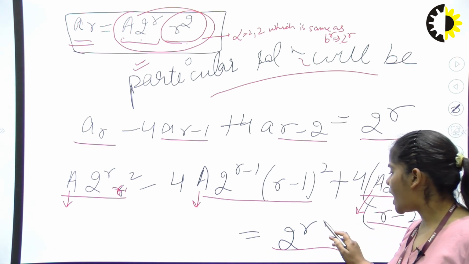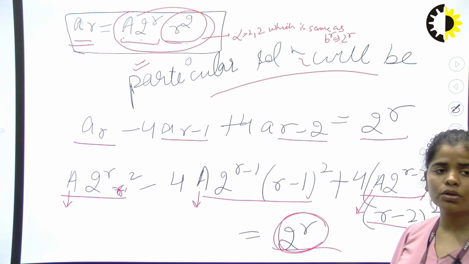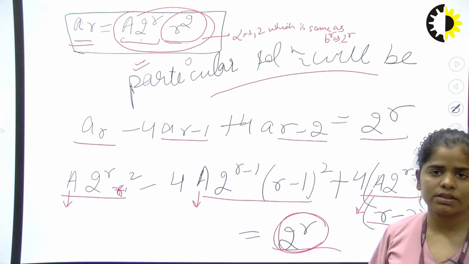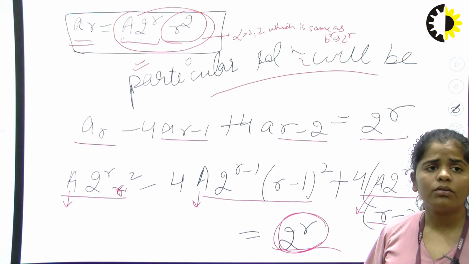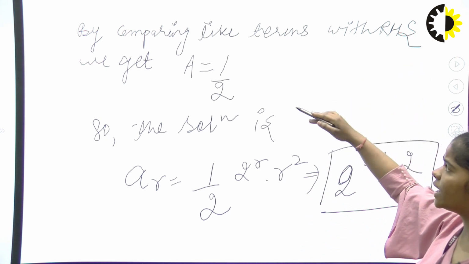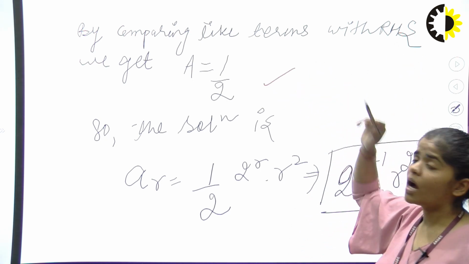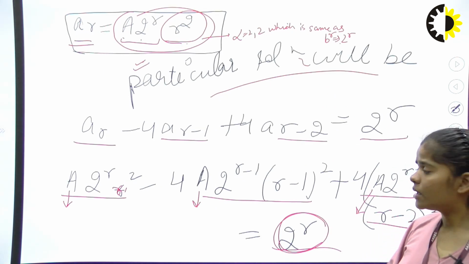If I have 2 to the power r on the LHS, then compare both and find the value of the given constants, right? That is how, by comparing the terms with the RHS, we get A equals half.